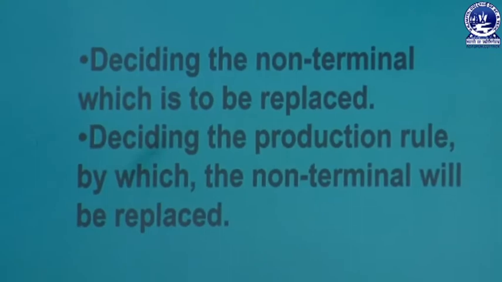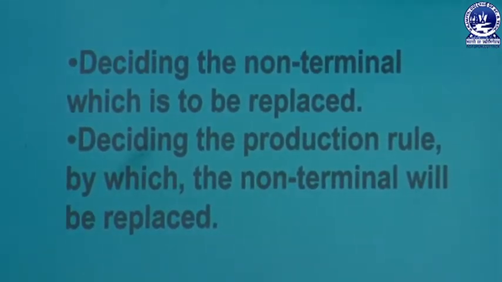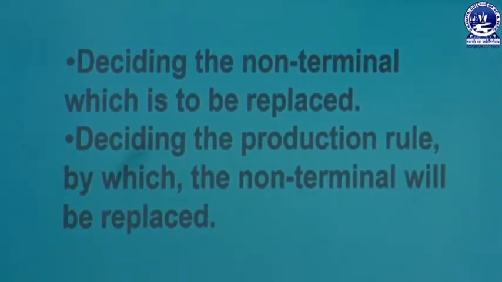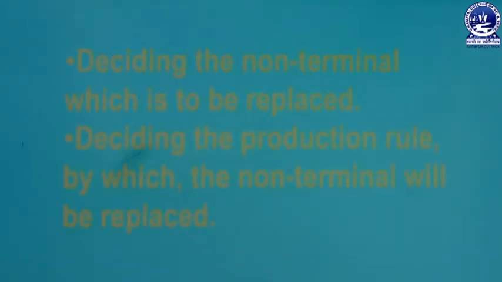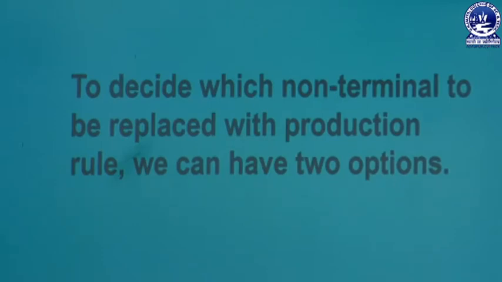In the derivation process, the two important decisions the parser has to take are deciding the non-terminal which is to be replaced, and which production rule will be used for the non-terminal, because there are lots of production rules. It is very important to decide which non-terminal is to be replaced with which production rule.